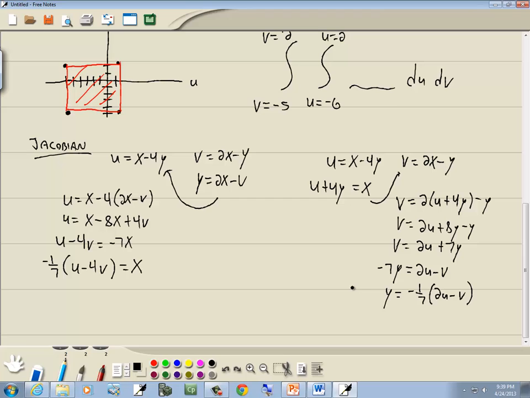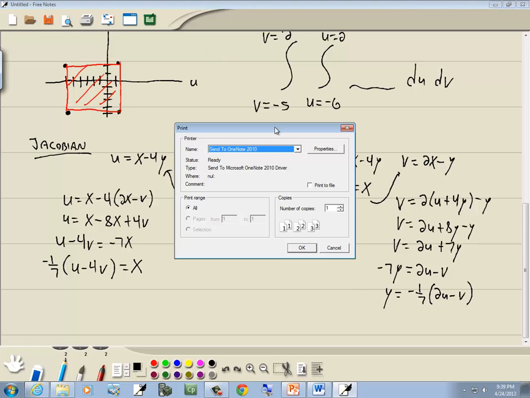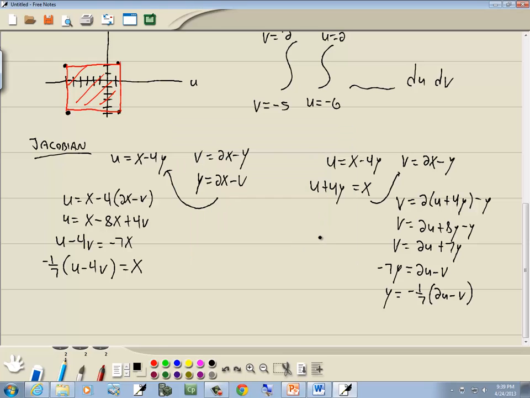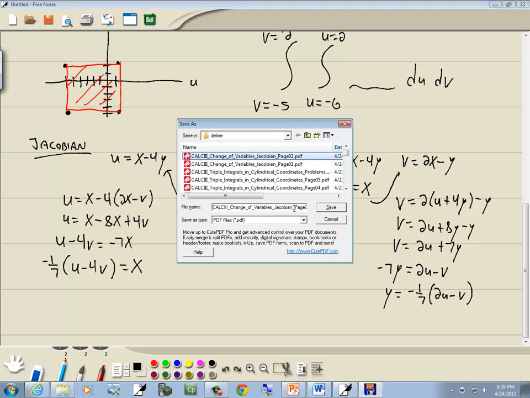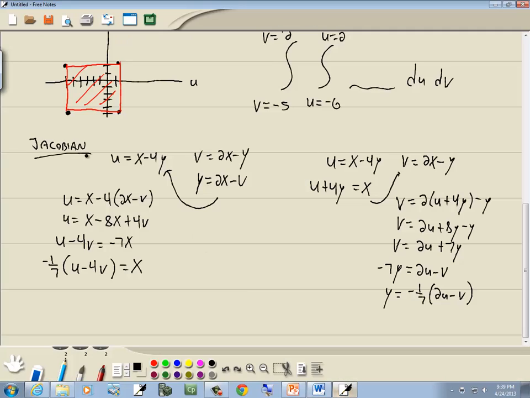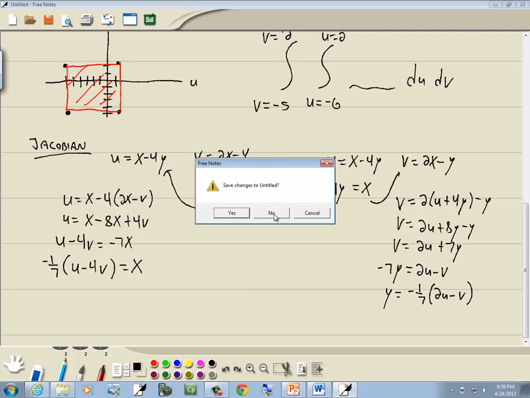And we're out of room here, so let me save that. And do I have everything written down?